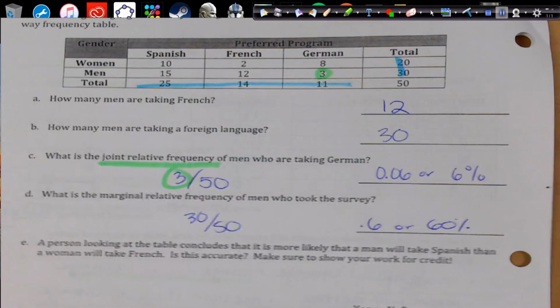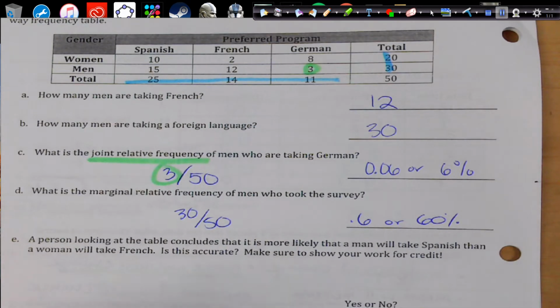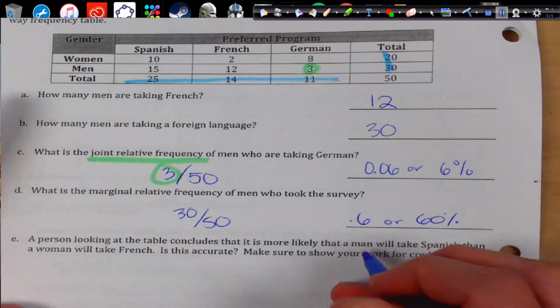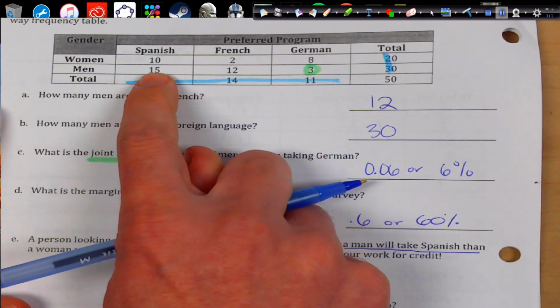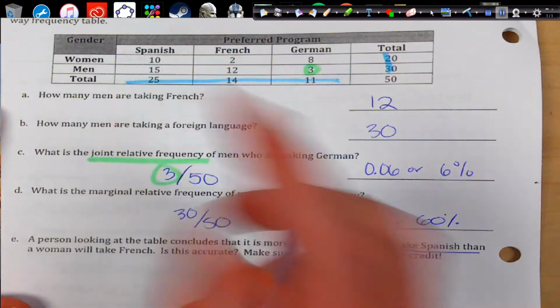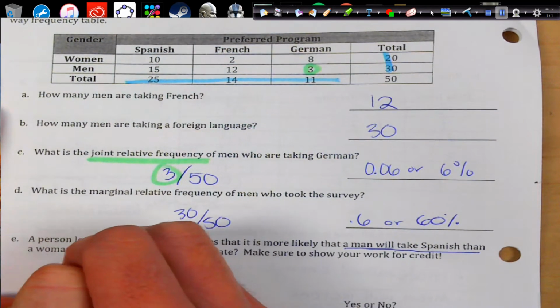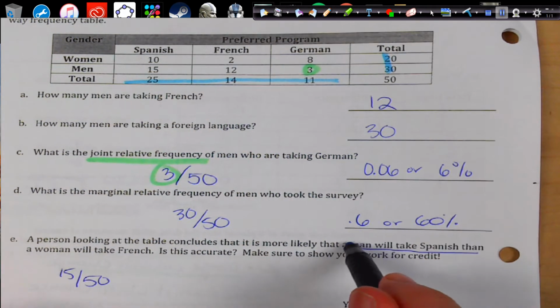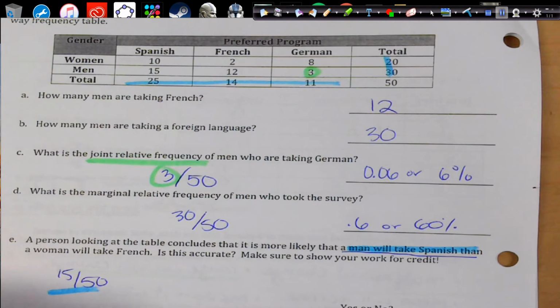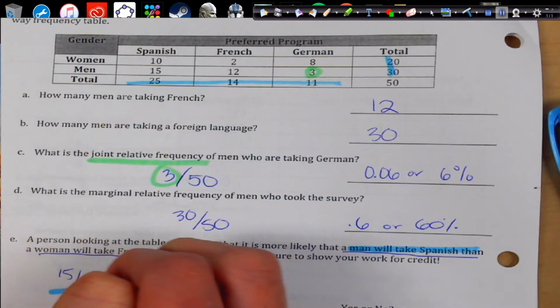A student looking at this table concludes that it's more likely that a man will take Spanish than a woman will take French. Is this accurate? Make sure you show work for credit. Okay. A man who takes Spanish is 15 out of the total 50. So a man will take Spanish right here, versus a woman will take French.